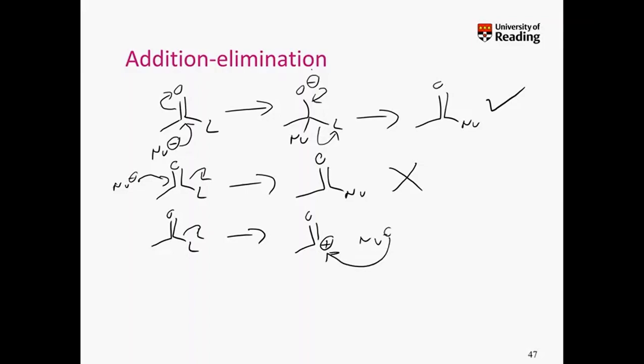Because again, although there is some stabilisation from the oxygen, this species wouldn't be particularly stable. When we were doing the aromatic chemistry, in that Friedel-Crafts reaction, there was some additional stabilisation, but there isn't in this instance. So this one again would be wrong.